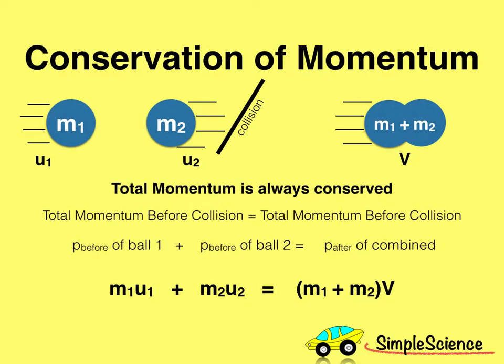So think of it as big M, and then it has one speed because it's one particle now. We call it v. So big M times v is the momentum of the combined particle, which is the same as the left side. Okay? So that is another very important formula for when two particles collide and then stick together.